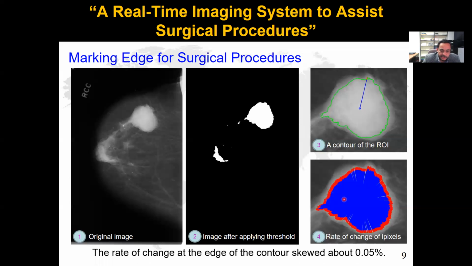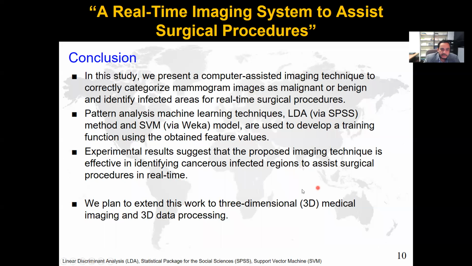The rate of change at the edge for each contour that we found was very accurate. We only got 0.05% skew. So that is very significant.